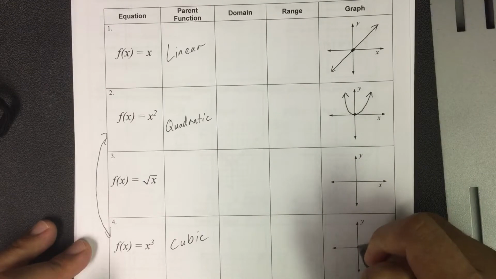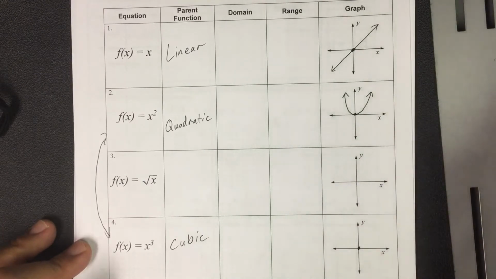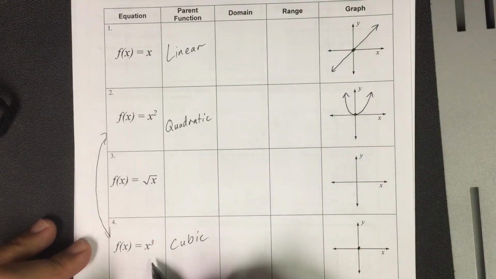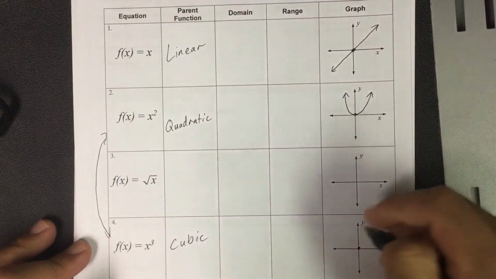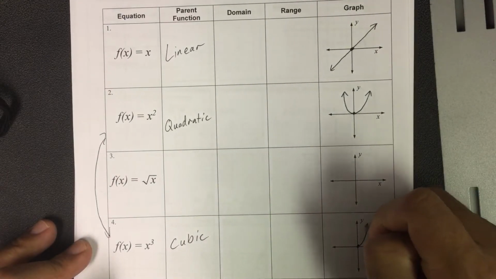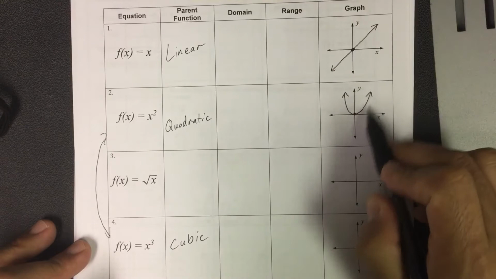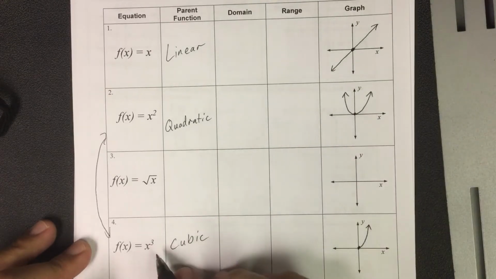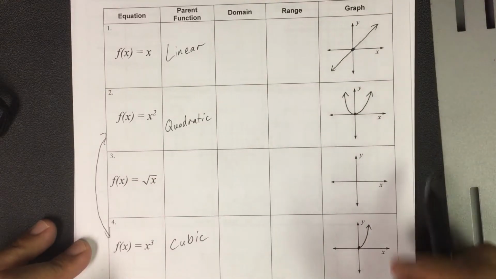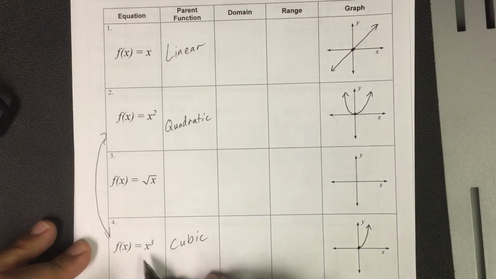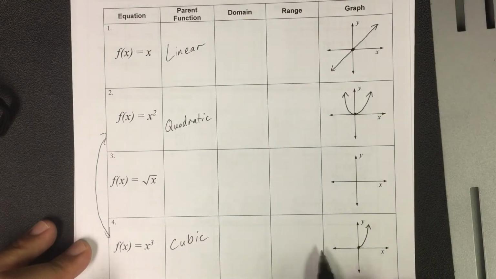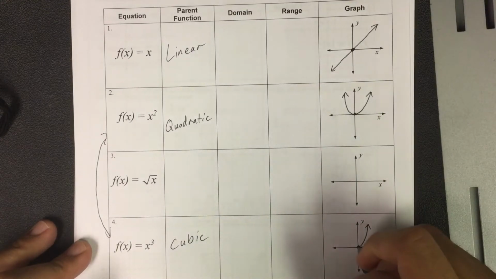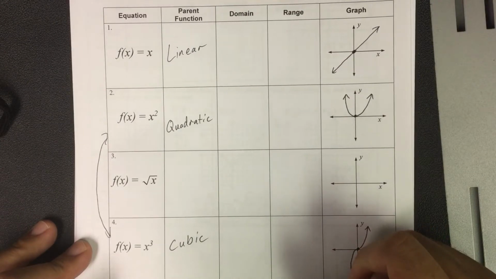If I'm graphing it, and again, you can always use a calculator, so putting in y equals x cubed, that's pretty easy. I can put that in there and it looks like this. A little bit tighter than this one because you're cubing it instead of squaring it, so the numbers get bigger faster. But on the negative side, as x goes negative, now I can actually have negative answers. So it looks like that.